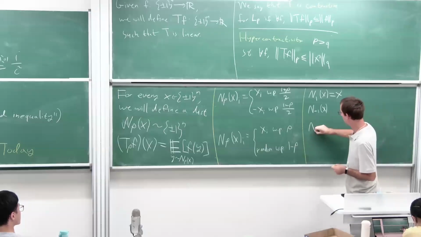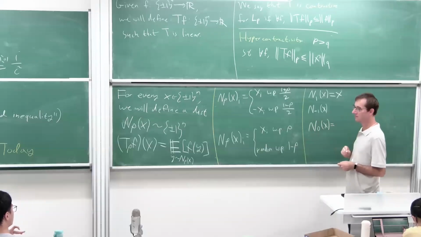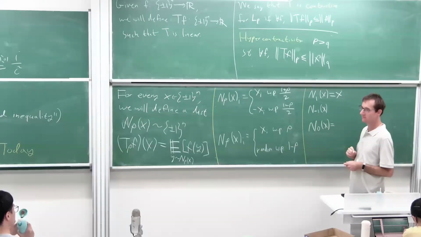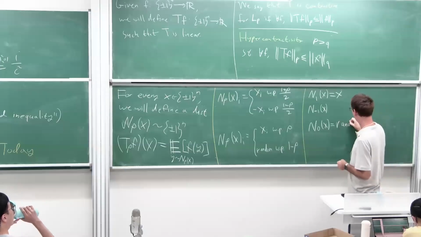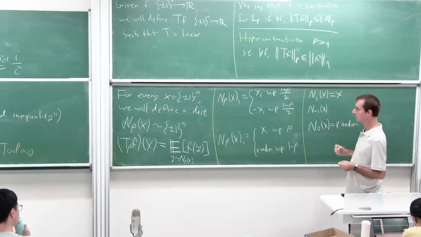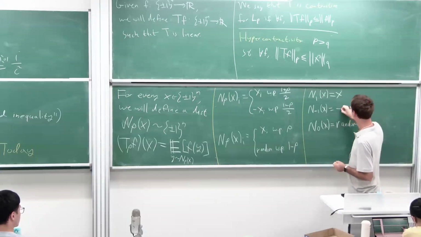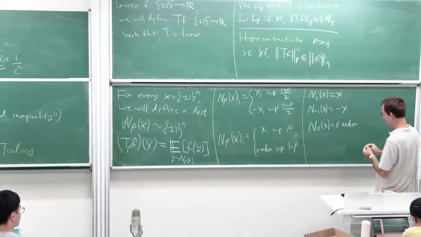Okay, let's do 0 first. What's N_0(x)? Random. Completely random. What's N_minus 1 of x? It's a bit less useful. Minus x.